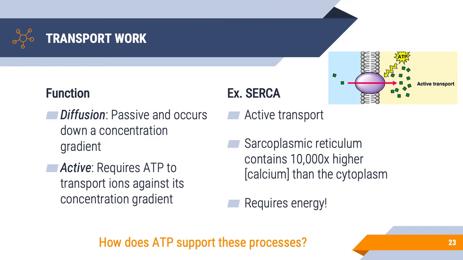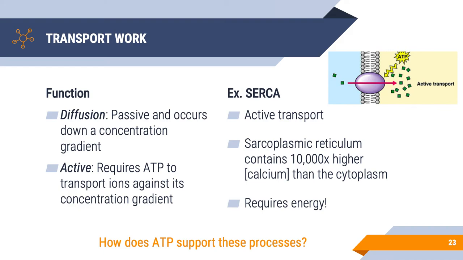SERCA is involved in active transport, where following skeletal muscle contraction, calcium is taken back up into the sarcoplasmic reticulum for storage and release upon the next contraction. This is active transport because the sarcoplasmic reticulum contains 10,000 times higher calcium than the cytoplasm itself. So we have to move calcium against its concentration gradient, which requires ATP as energy.